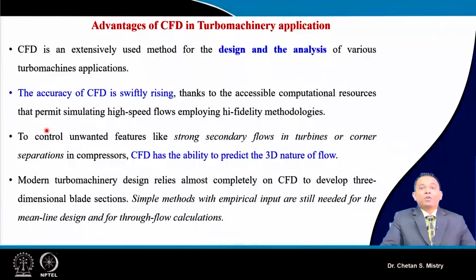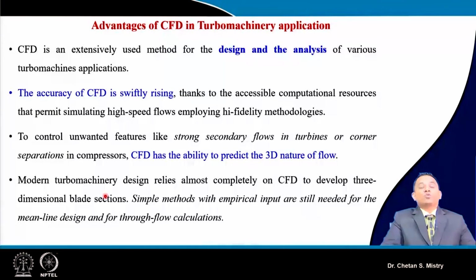Now we are able to control secondary flow phenomena, even the corner separation for compressor and turbine blades, and it helps us analyze the three-dimensional flow happening between the blade passages. Modern turbomachinery design relies completely on CFD, but still I want to make the point that CFD is an analysis tool, it is not a design tool.